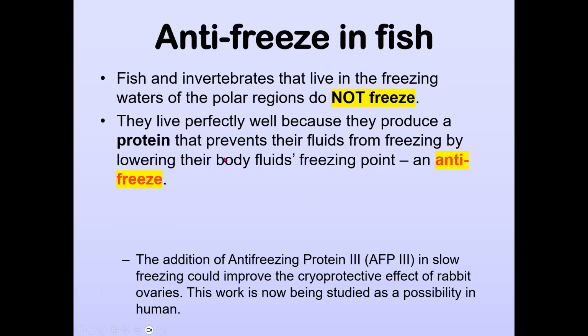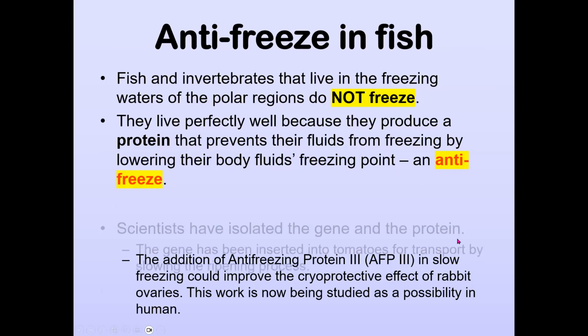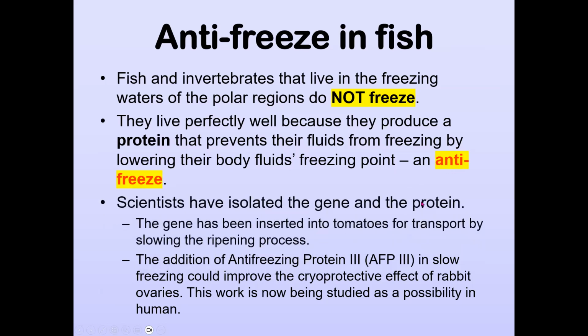So this protein is an antifreeze, which in the old days, if you remember, we had to put antifreeze into our radiators when we had nights which were really frozen, and people's radiator water used to freeze. So they've isolated the gene and the protein.